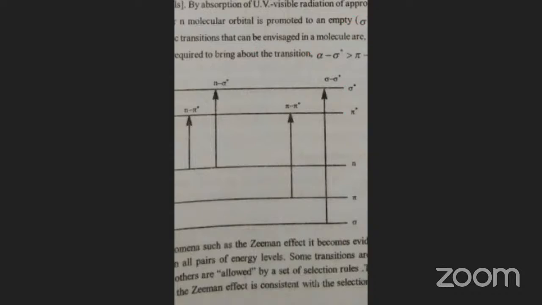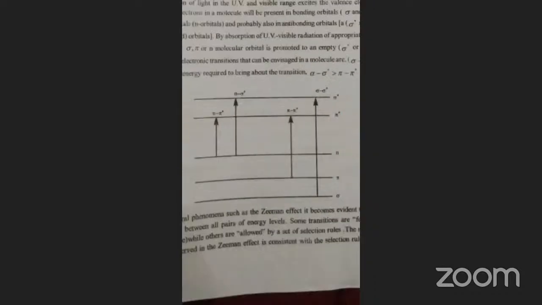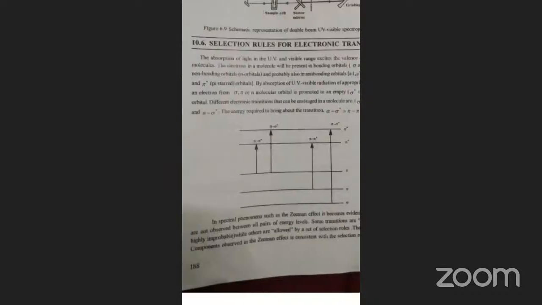Then, according to the Zeeman effect, these transitions are classified into two types: forbidden transitions and allowed transitions. If the transition occurs under normal conditions, it is called an allowed transition. If the transition is difficult, it is called a forbidden transition.